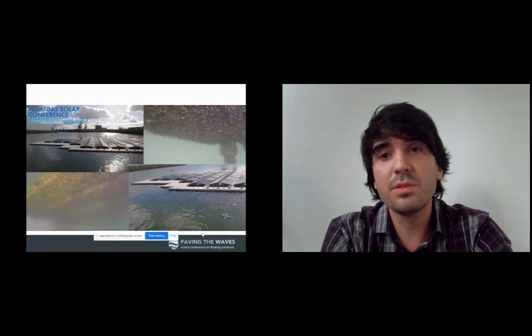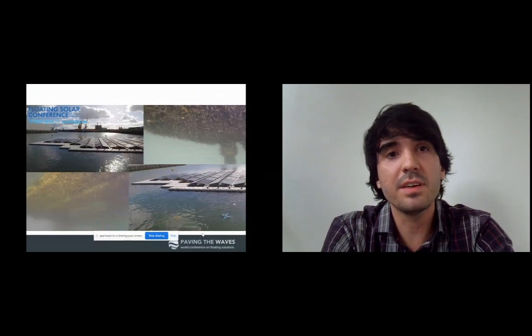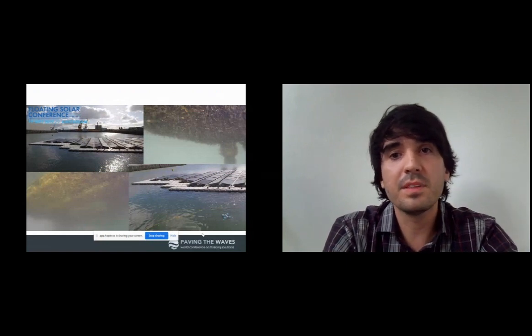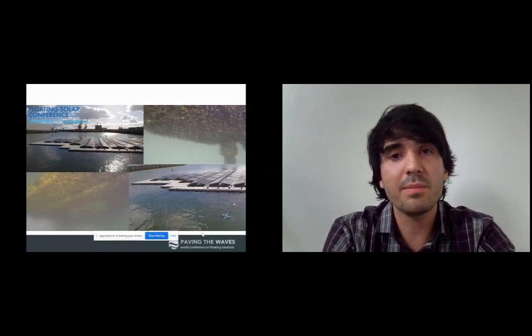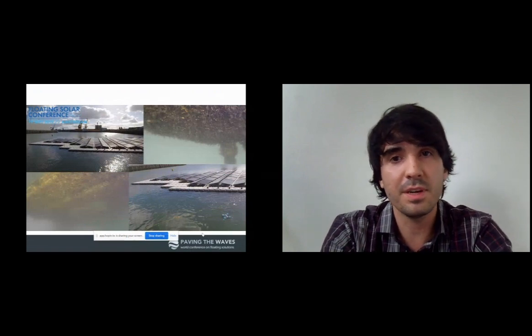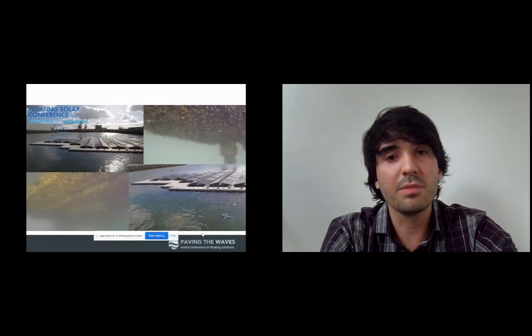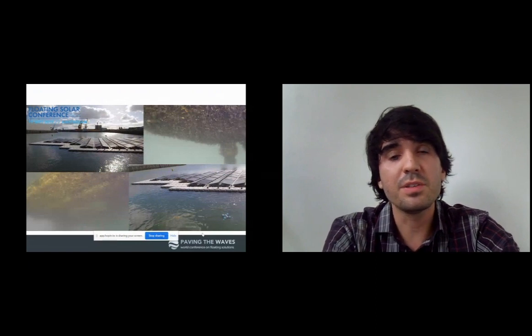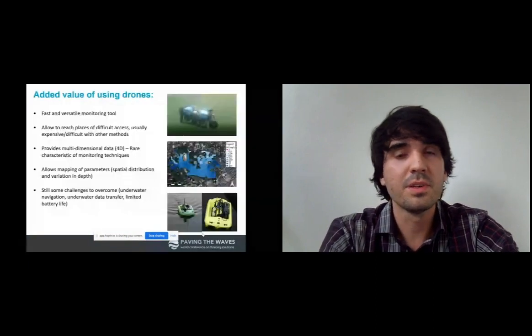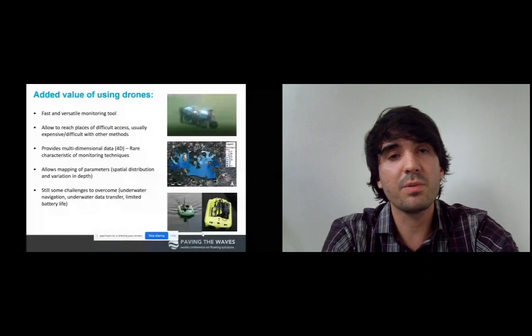Finally, I would like to quickly mention the added value of using drones to monitor water systems, because it's a cost-efficient way to make maps of water quality, for example. There are still some challenges, but we're working on making them better so that we can improve the reliability of results and how cost-efficient it actually is to make water quality scans.